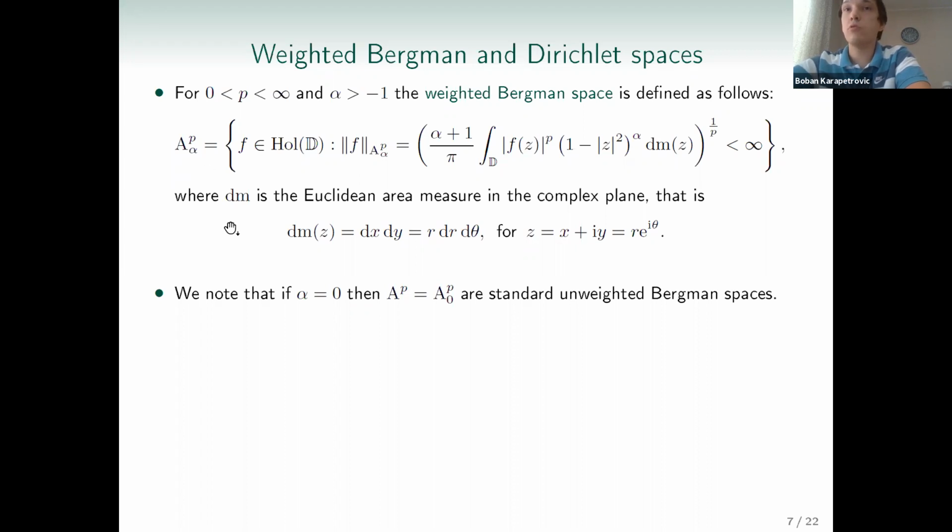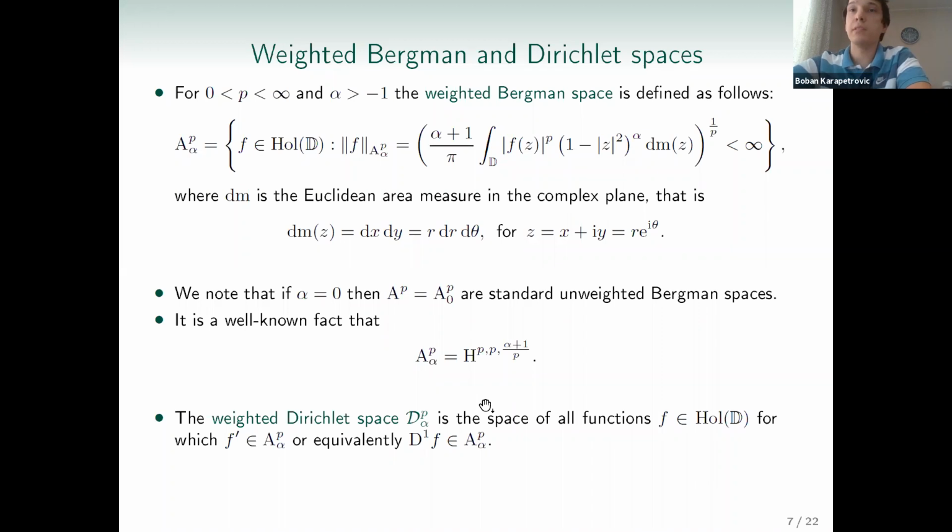It is very easy to check that the weighted Bergman space A^p_alpha is actually the mixed norm space H with these coefficients p, p, and (alpha plus 1) over p. And also we have the weighted Dirichlet space D^p_alpha. So this is the space of all functions f holomorphic in the unit disk D for which the first derivative, or equivalently the first fractional derivative, of f belongs to this weighted Bergman space with the same parameters p and alpha.